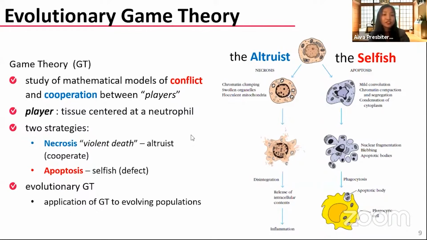The other strategy would be apoptosis, which in the context of game theory is called defect. Now, this is evolutionary game theory because there is an application of game theory to biological populations in such a way that a player can only choose one strategy in its entire lifetime.